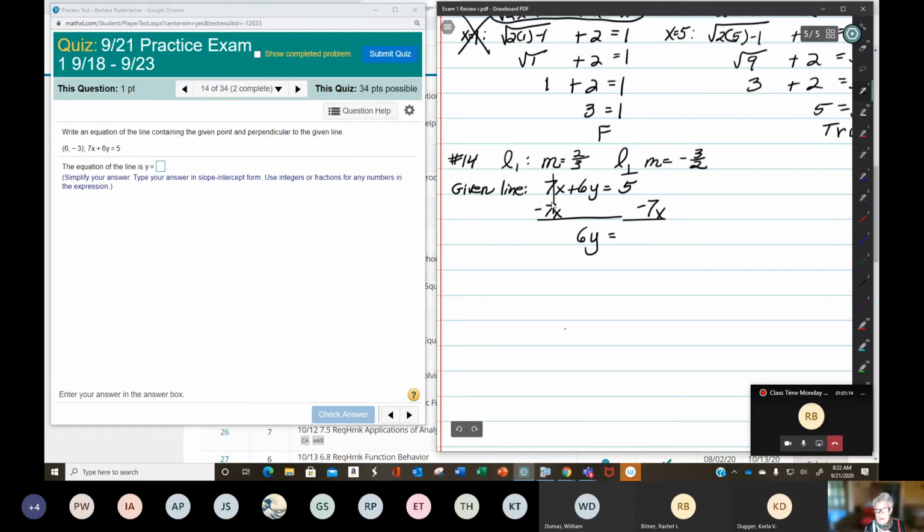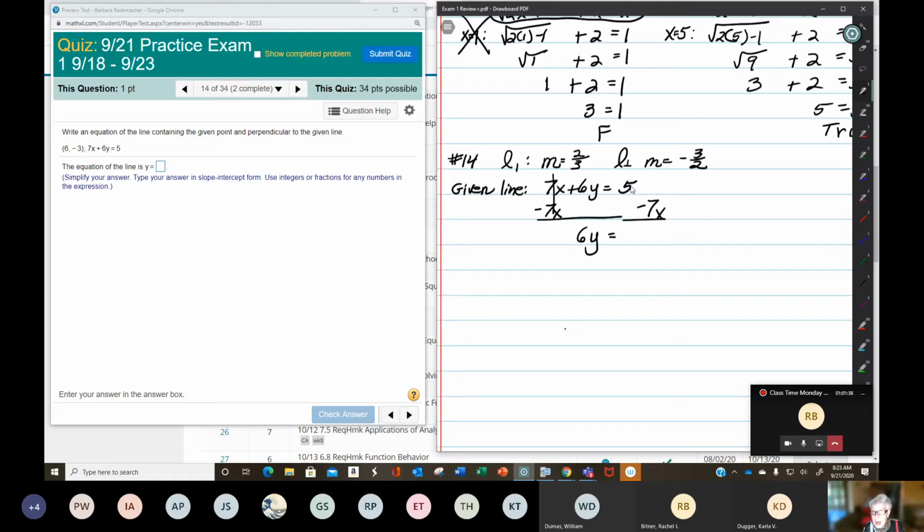Okay, I zeroed out the 7x's over here by subtracting 7x from both sides. And that looks like it's 1/5, which it's not. So before I get mixed up and everybody else does, let's put that up here really small.